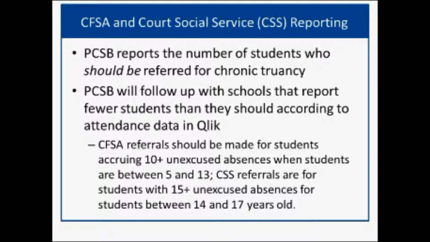When we look at how many students were referred by the school versus how many should have been referred based on the attendance in Qlik, and we see a large gap between the two, then PCSB will follow up with schools to make sure that either their attendance is correct in Qlik, or to ask why there haven't been more referrals.